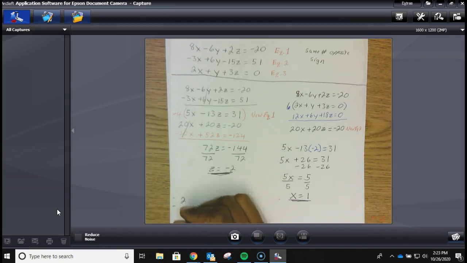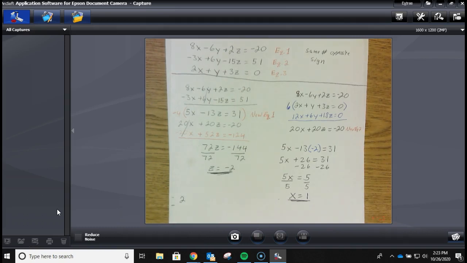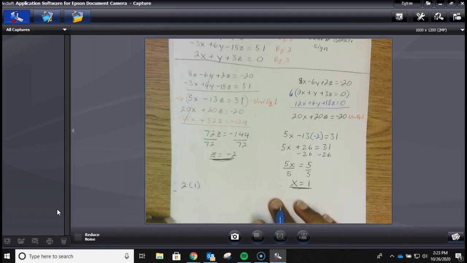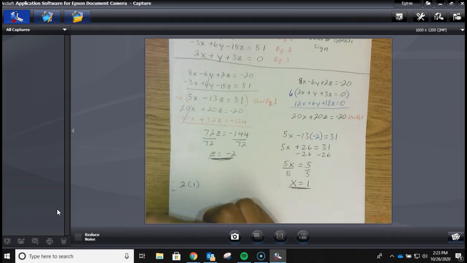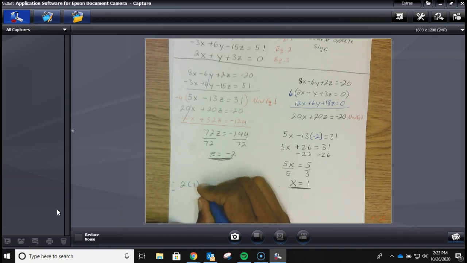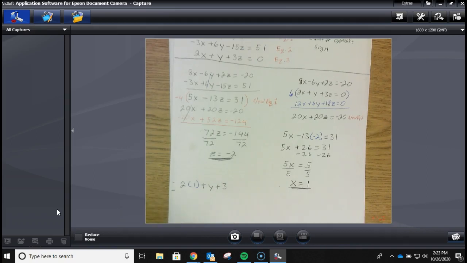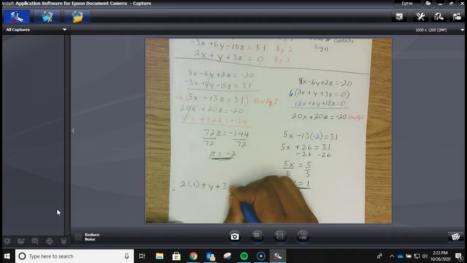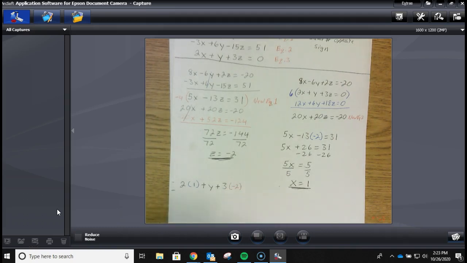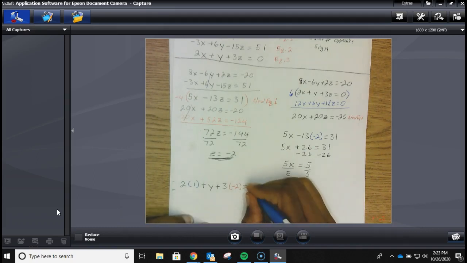2 times my value of x, 1, plus y plus 3 times my value for z, negative 2, and that all equals 0.